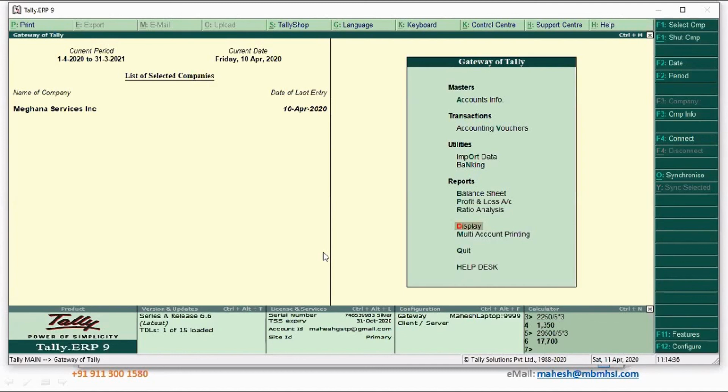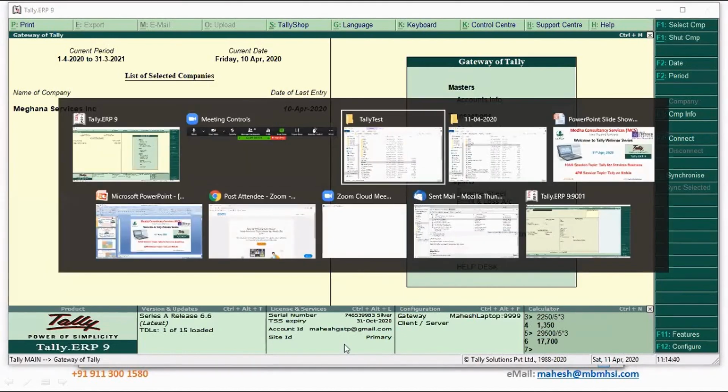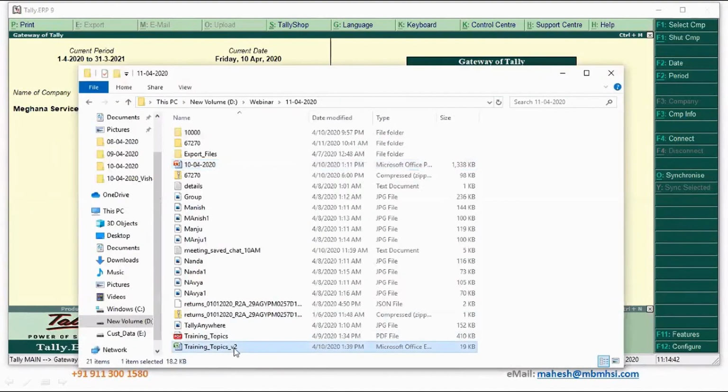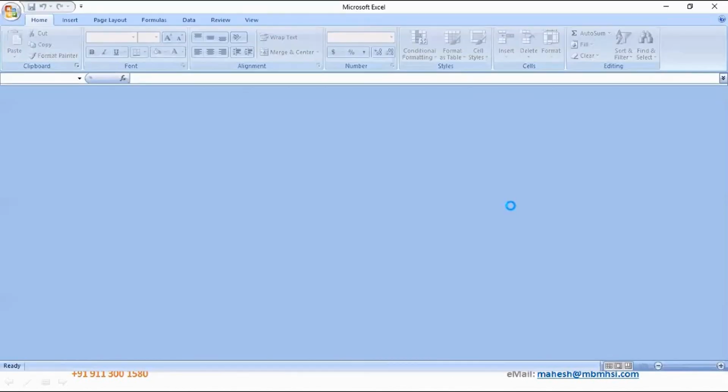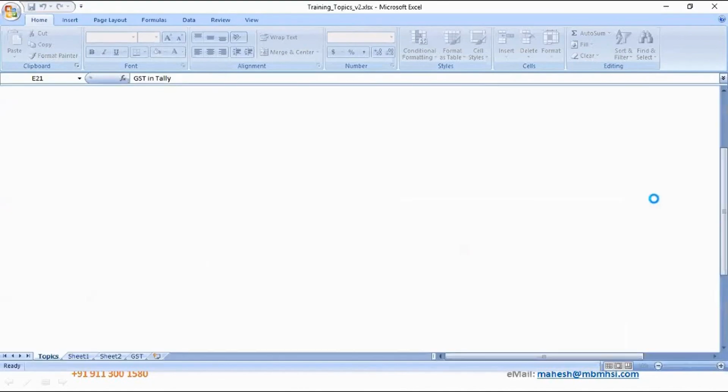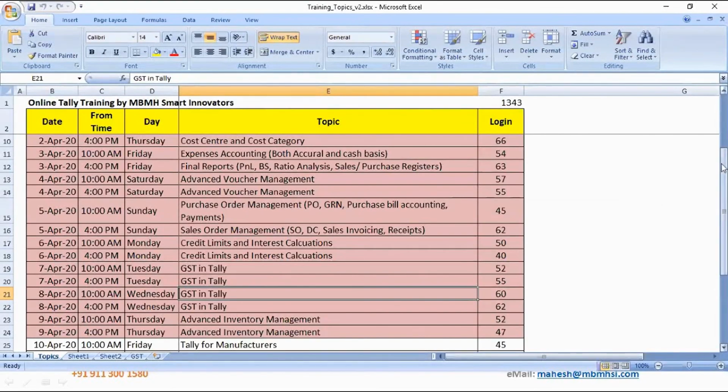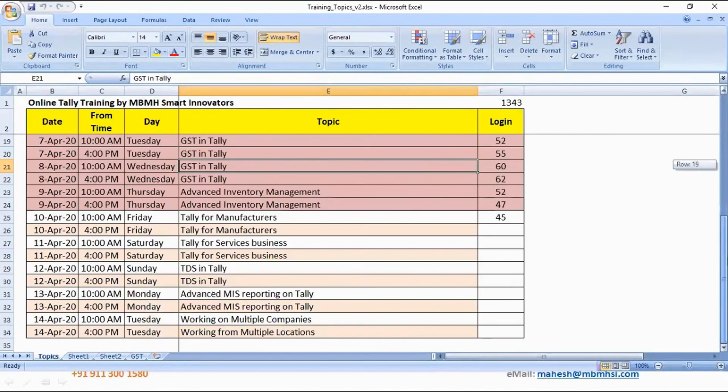Let me see which are all the dates that we are planning. So today we are on service business. In the evening we have Tally on mobile, that is one of the sessions.